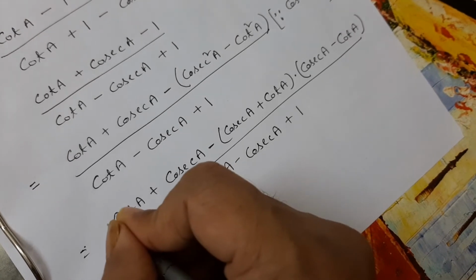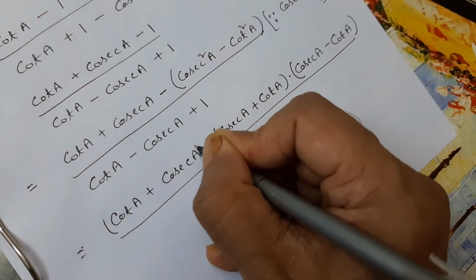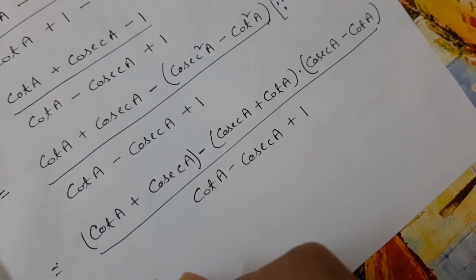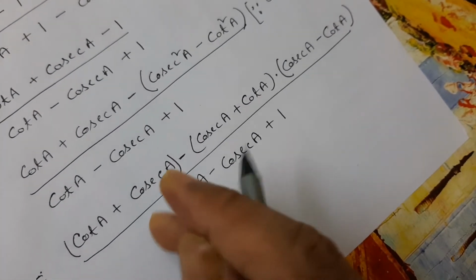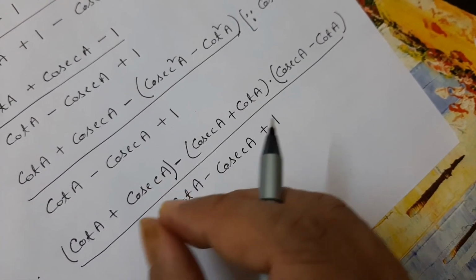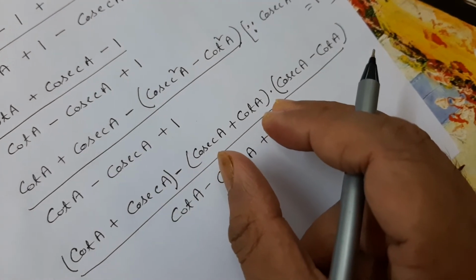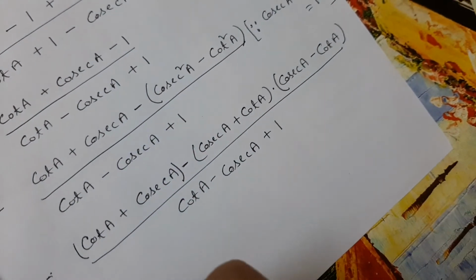And first part also write within bracket cot A plus cosec A. Now see, first part cot A plus cosec A and second part cot A plus cosec A also there, so we can take common.